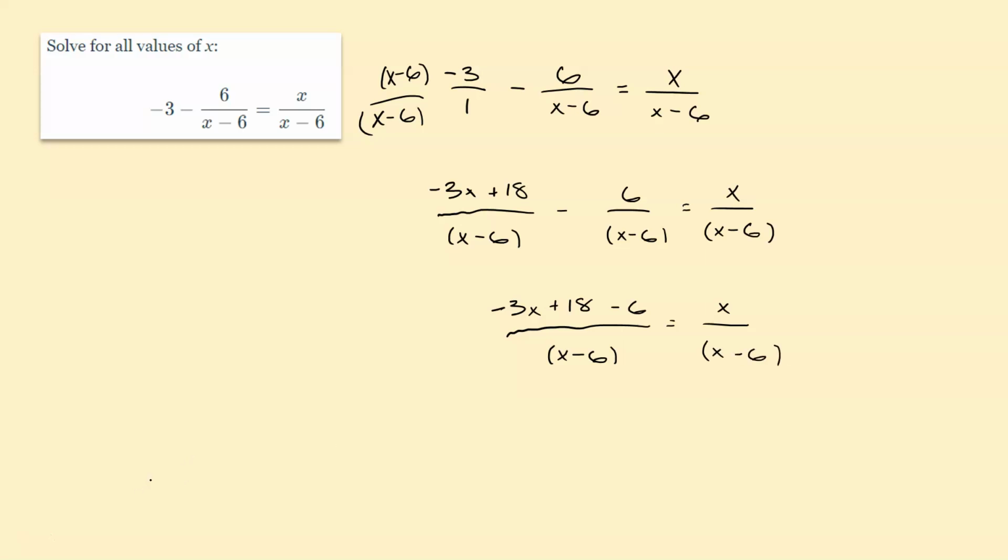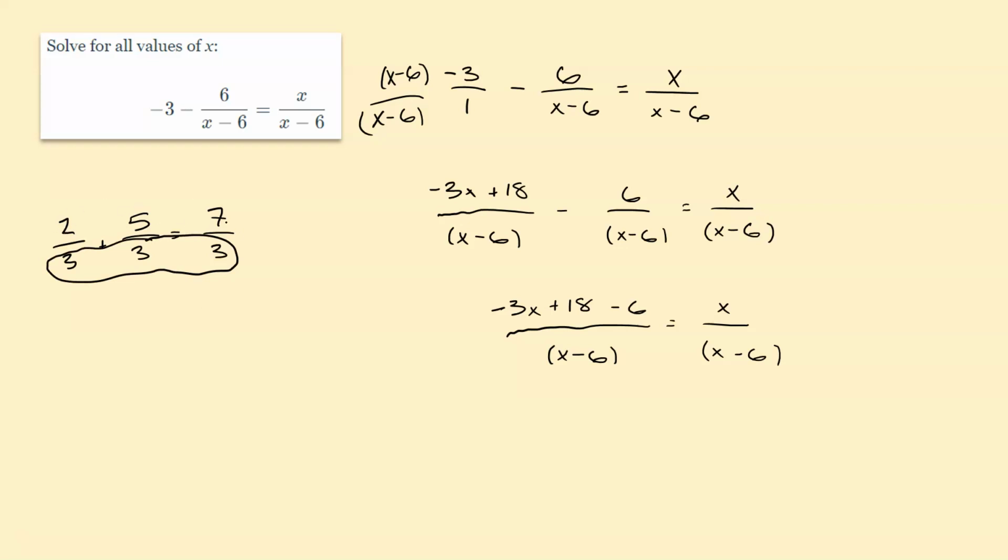And then the other thing we can do, we can actually forget about the denominator since it's a common denominator. If you think about how we add fractions together, like if I have 2/3 plus 5/3 equals 7/3, the denominator, if it's common, doesn't really play a part in the actual arithmetic of what's going on here.